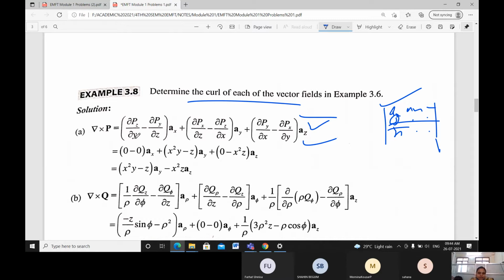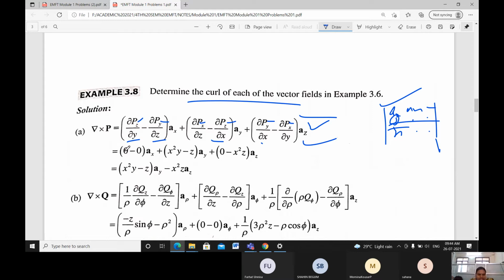Dou pz divided by dou y minus dou py divided by dou z into ax, plus dou px divided by dou z minus dou pz divided by dou x into ay, plus dou py divided by dou x minus dou px divided by dou y into az. Substitute for px, py and pz, and differentiate with respect to what is given here.